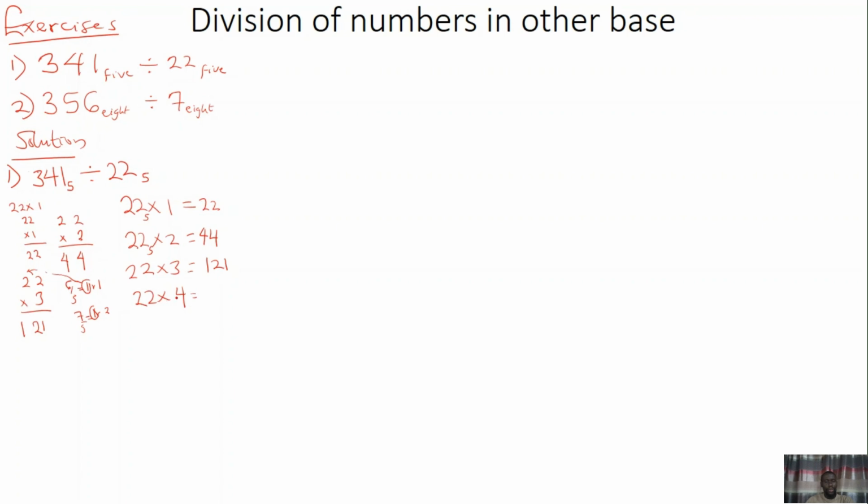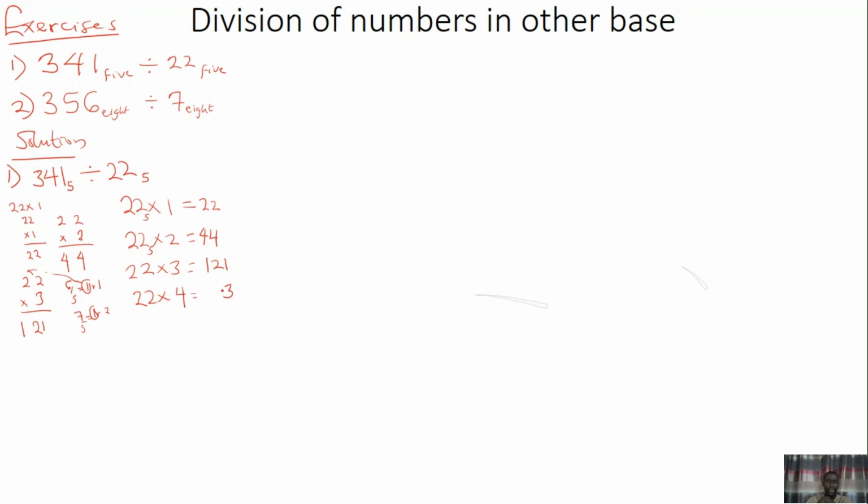Now 22 times 4, I'll be quite fast here. You can watch my video on multiplication of numbers in other bases. So 22 times 4, let's see what it's going to give us. If you say 4 times 2, that is 8, divided by 5, that will be 1 remainder 3.